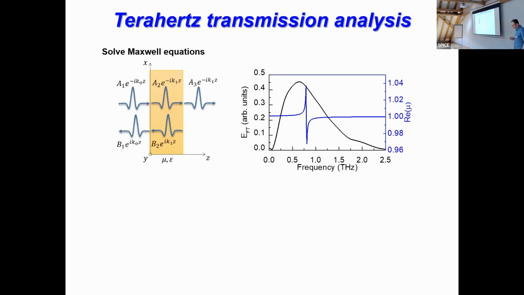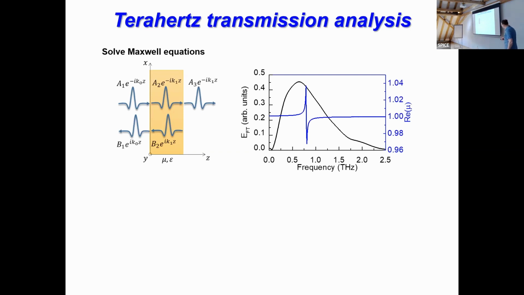Let's start with the transmission geometry. We can solve the Maxwell equations for the propagation of our experimental terahertz waveform, taking the known tabulated magnetic permeability function for this resonance mode.